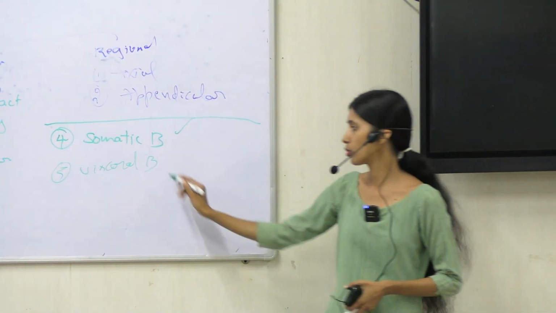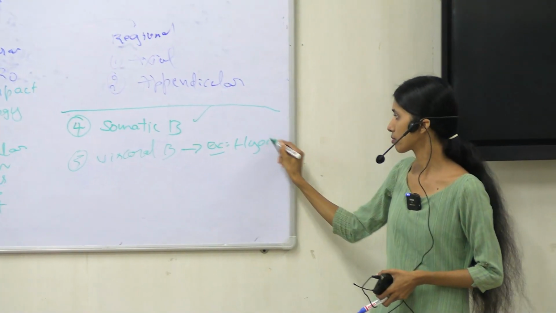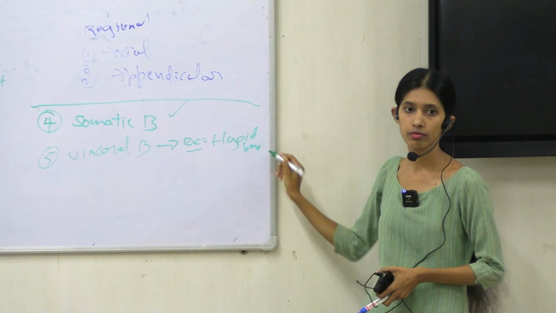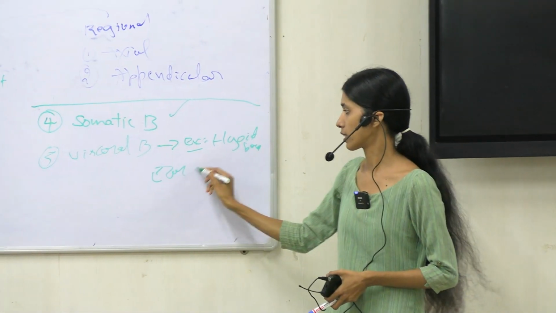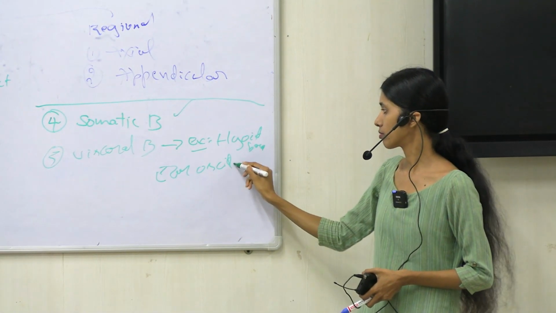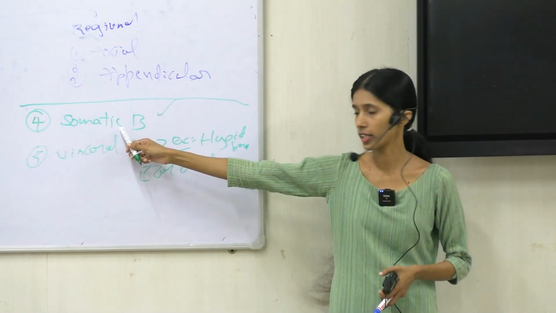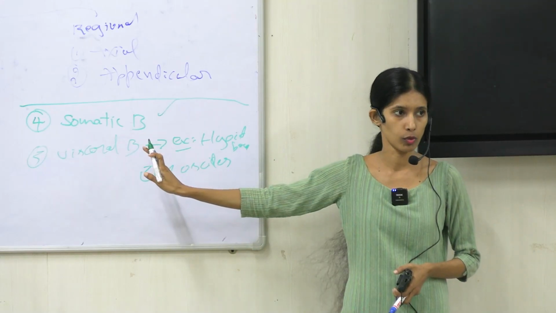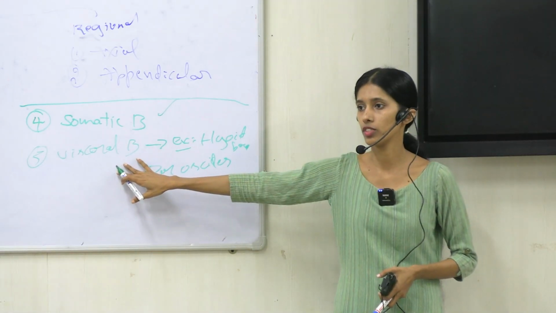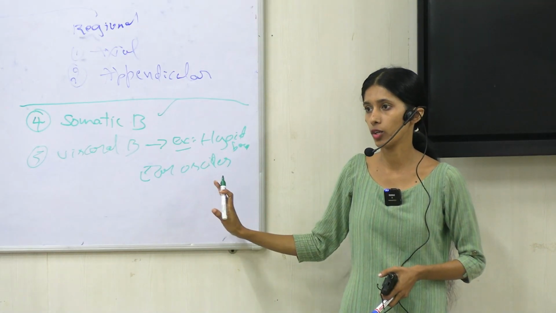For visceral bone, you can mention hyoid bone, and another example is ear ossicles. Remember this: most of the bones in our body are somatic bones only, and for visceral bone the examples are hyoid bone and ear ossicles.